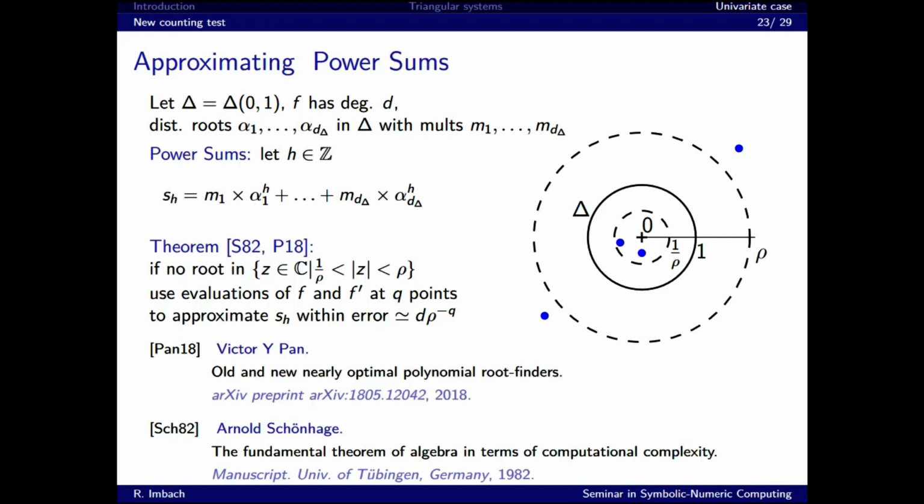So actually what we want here is just to count the number of roots, and the number of roots is actually the zeroth power sum. So let's specialize this just for the zeroth power sum.